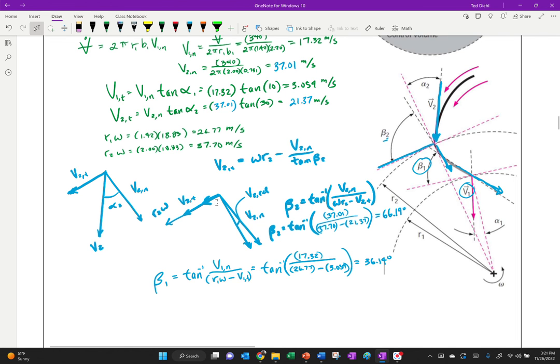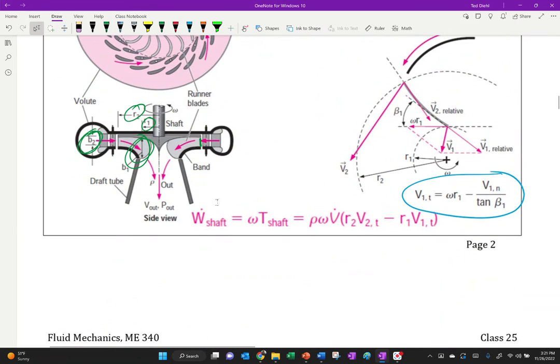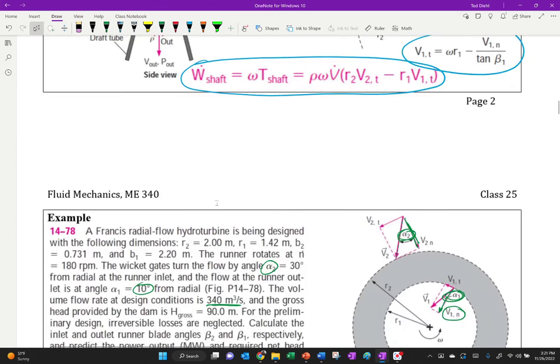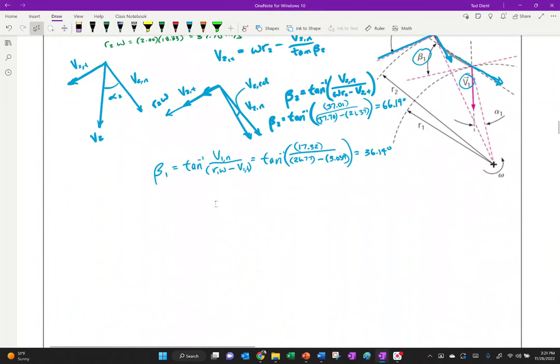And the anticipated power that we can have here, now we're going to go back and use our Euler's turbine equation right there. So we'll just plug all those values into this. So the shaft work is going to be rho omega volumetric flow rate times R2V2T.